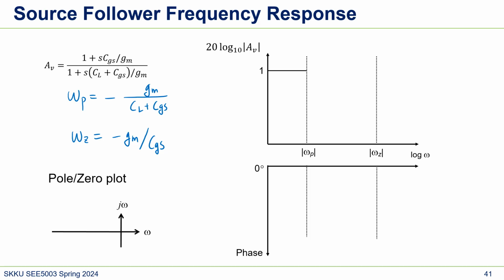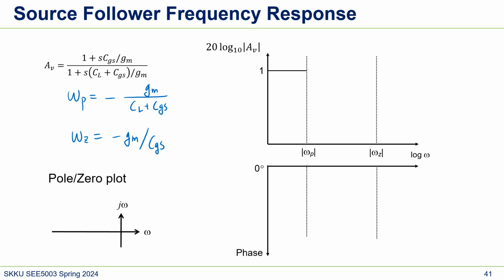And which is larger? The zero is later, because in the pole they have CL in the denominator, so this is a smaller value. That's why WP is here, and then the zero is there.